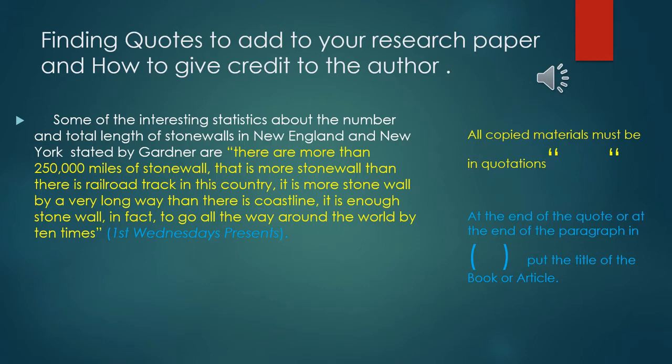In this way, if the reader finds this information interesting or wants to further research it, they know where to go to get that information. Okay, so this is just an example of quoted material with a reference to where this material came from.